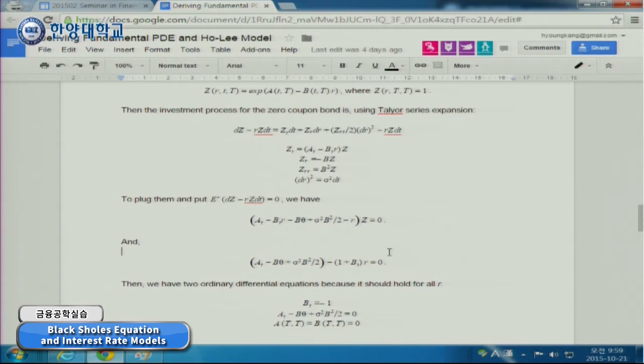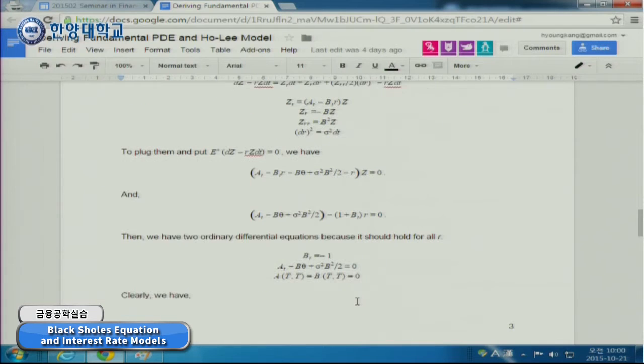In order to make this 0, the first process and second process should be 0, which means that B_t is minus 1 and then A_t B sigma this one should be 0. And then we impose the constant: A(T,T), B(T,T) should be 0. So we have these three equations, and using these three equations, we can solve for A and B.